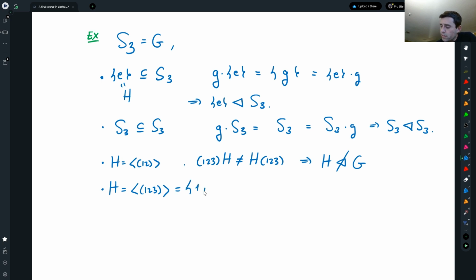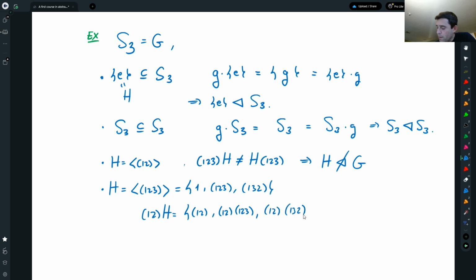This subgroup is the identity, (1 2 3), and (1 2 3) times (1 2 3), which is (1 3 2). So what happens if I do (1 2)H? What I get is (1 2), and then (1 2) times (1 2 3), and (1 2) times (1 3 2). If you do all those computations, what you get is (1 2), (2 3), and (1 3).